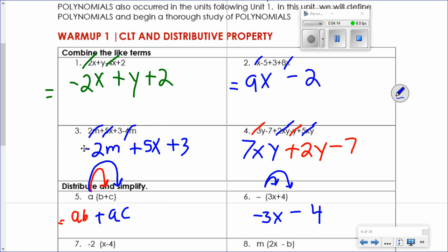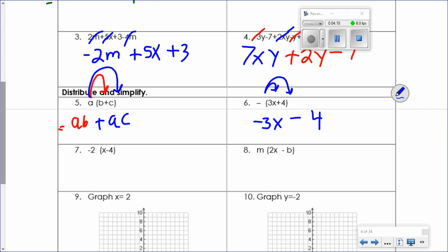Number 7, we're distributing. Negative 2 times x. So negative 2 times x. Then negative 2 times my last term. So negative 2 times negative 4. Then you simplify.